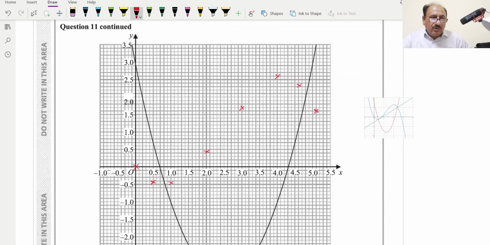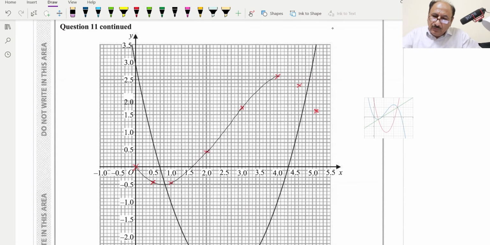Now we have to draw a smooth curve. We can draw a smooth curve like this one. So we can draw like this, and it will be taking a turn from here and then turning like this.